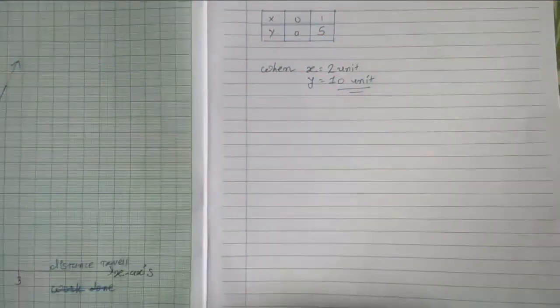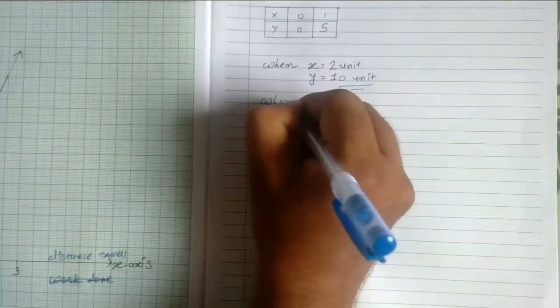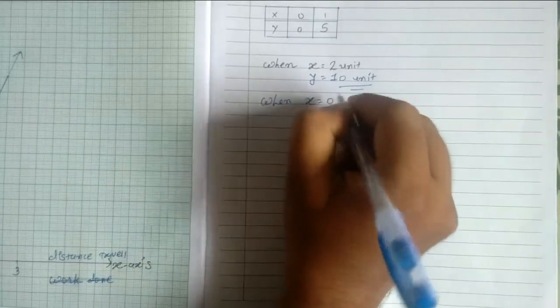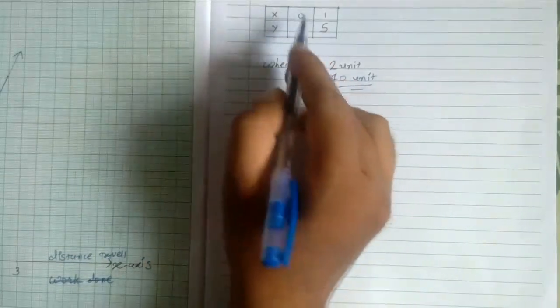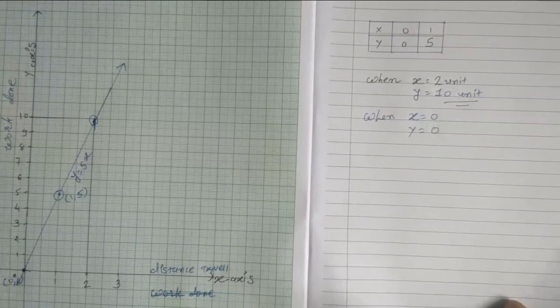And another one is when x is equal to 0, distance traveled is 0, we already found out that y equals 0. So this is the solution of our question number 6.